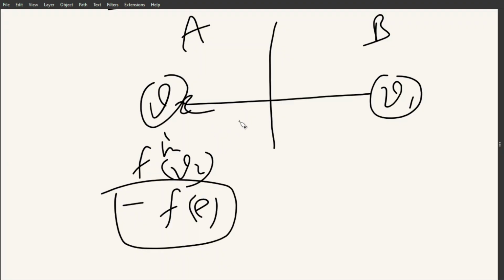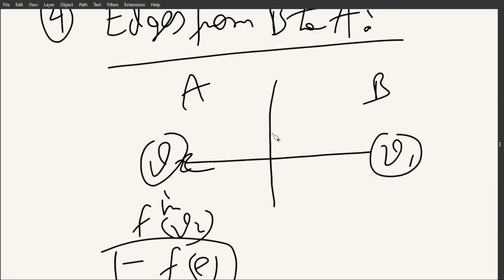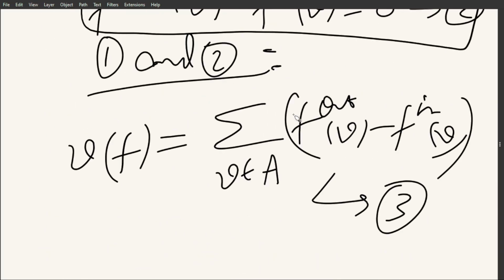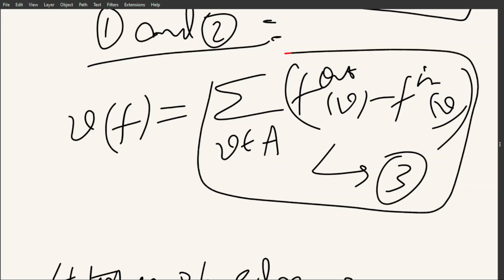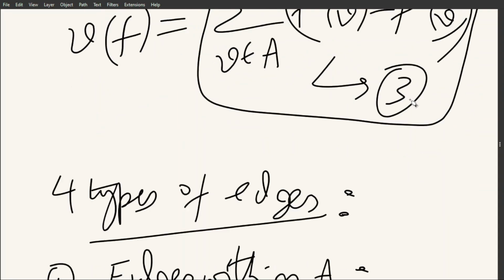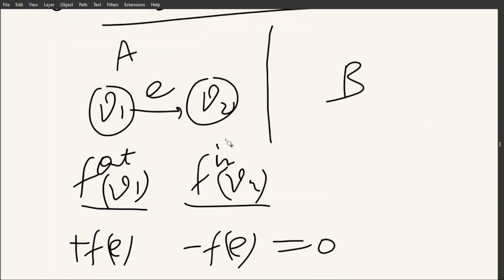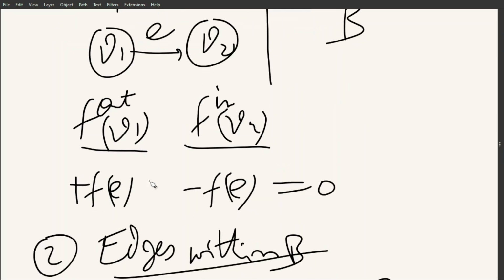Just see this, consider this third equation. Value of the flow is the sum over all V in A of F out of V minus F in of V. V should belong to A, so we consider only vertices which belong to A, not to B. F out has a positive sign, F in has a negative sign. Whenever we get F out, it will be plus Fe. Whenever we get F in, it will be minus Fe. First, for edges within A, both contribute plus Fe and minus Fe, so the net effect is 0.